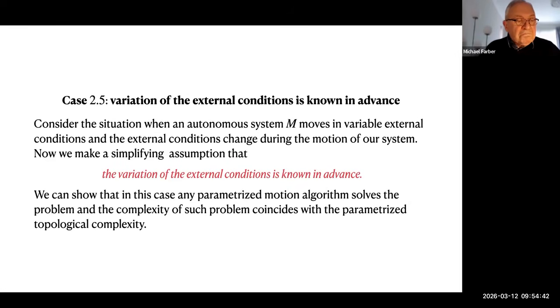Suppose there are such situations, actually there are, when we know how the other cars and pedestrians will move. If we know all this, then we can use a parametrized motion algorithm, and we will see that it solves the problem completely.